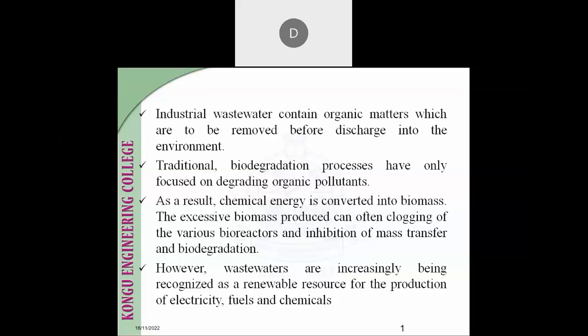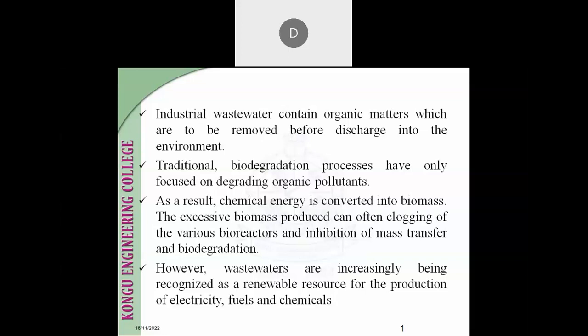In another case, if you take the solid particles, the sludge, we can use the landfill method. We fill it somewhere and dry that solid sludge.